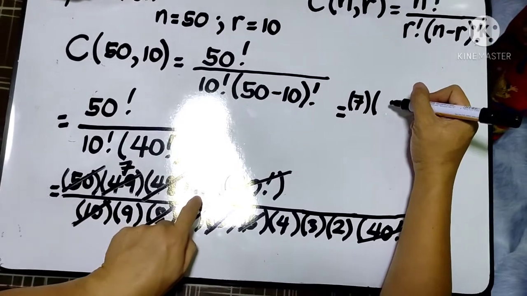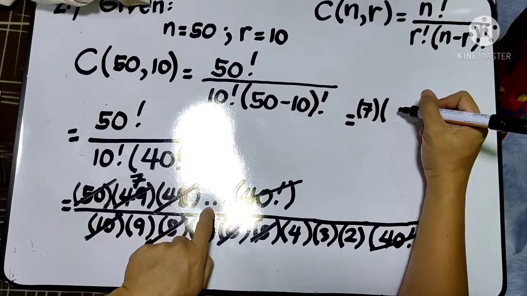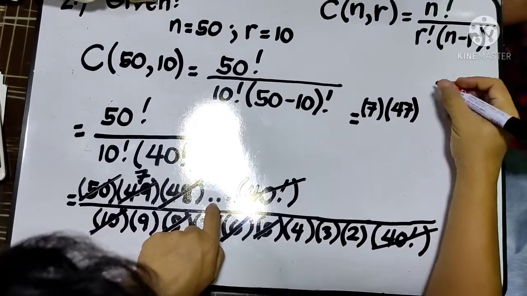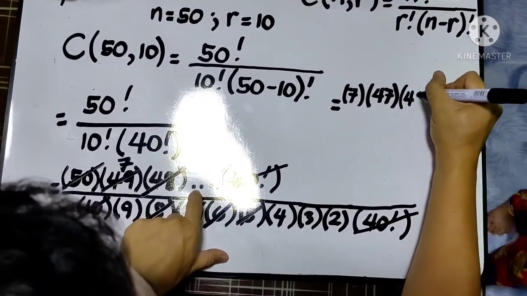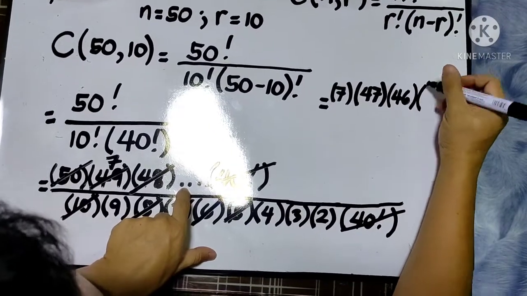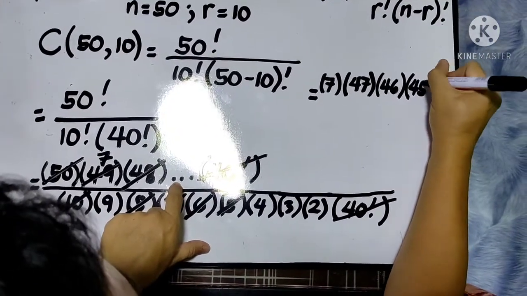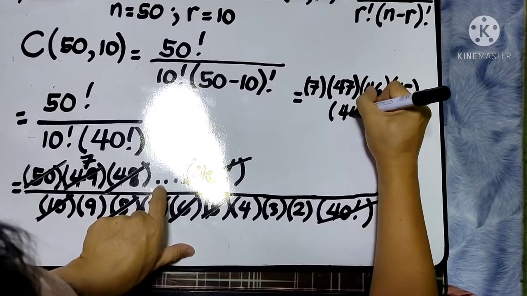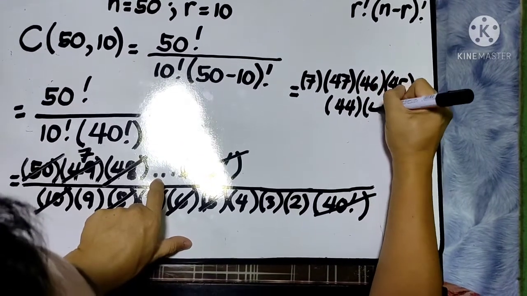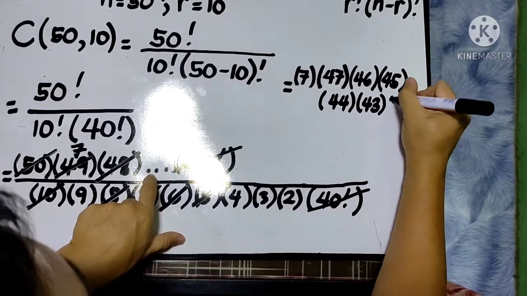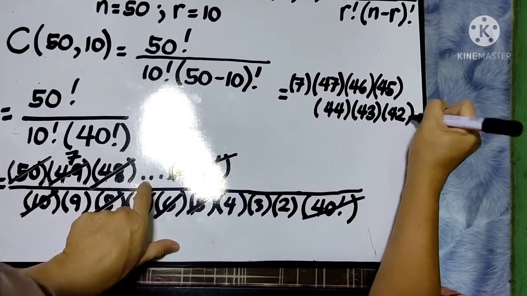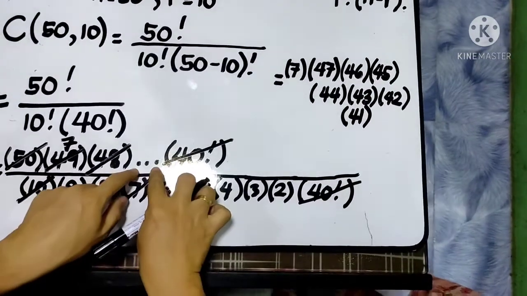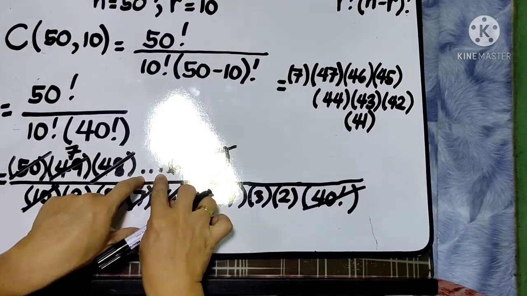So, before 48, meron tayong 47. Meron tayong 46. Meron tayong 45. Meron tayong 44. Meron tayong 43. Meron tayong 42. At meron tayong 41. Diba? Ito yung mga numbers na ni-represent ng ellipses.